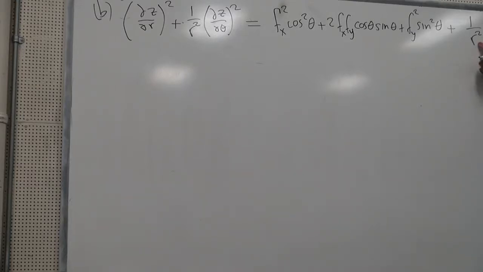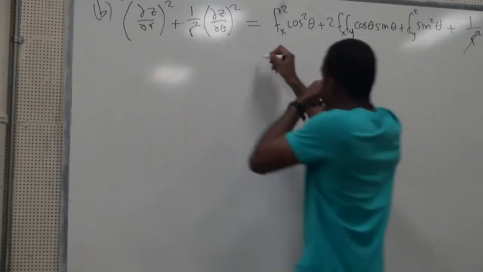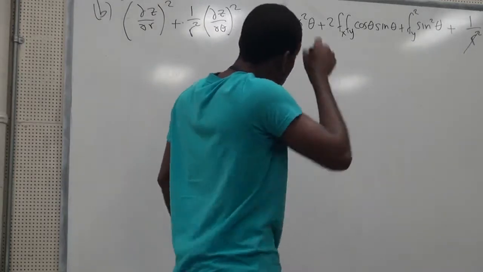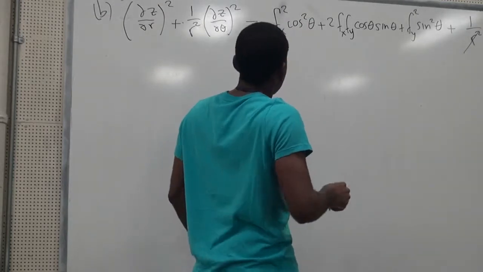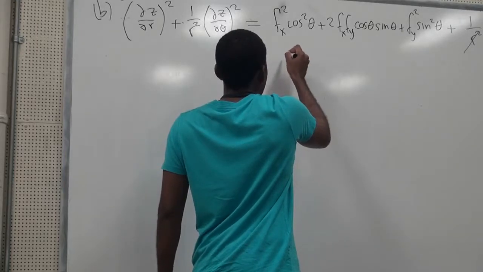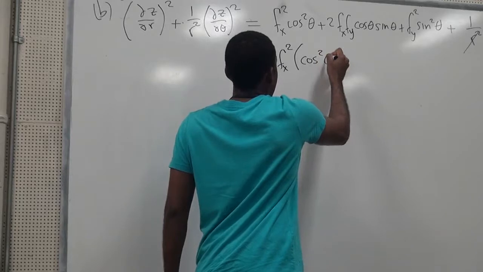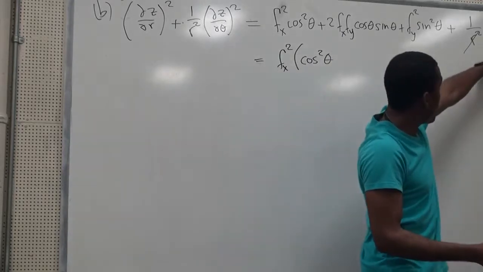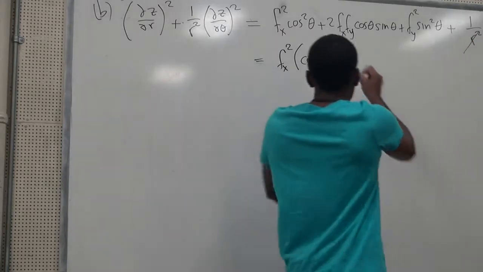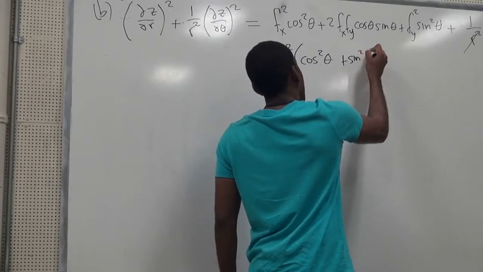Alright, now this 1 over r squared here is going to kill all the r squares inside here. Right. And so now we can start to regroup things. So I have fx squared times cosine squared theta. And here I have an fx squared plus sine squared theta, so I can factor that out.